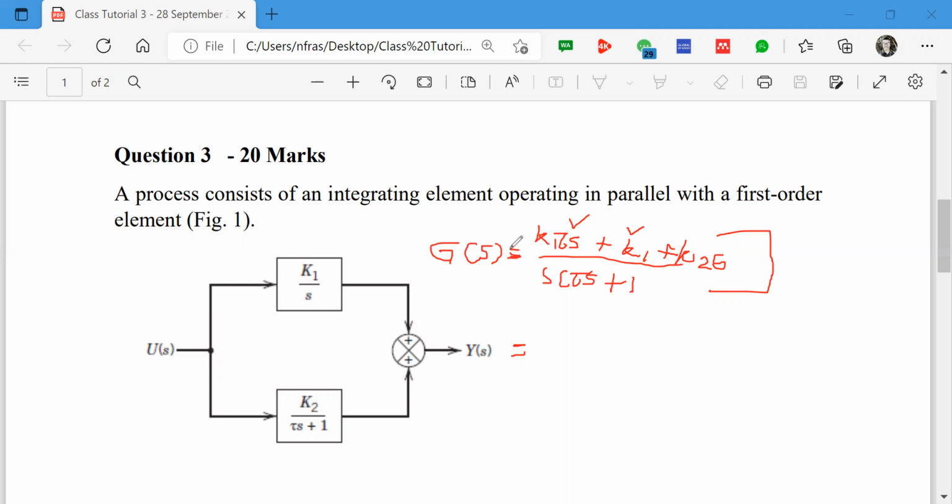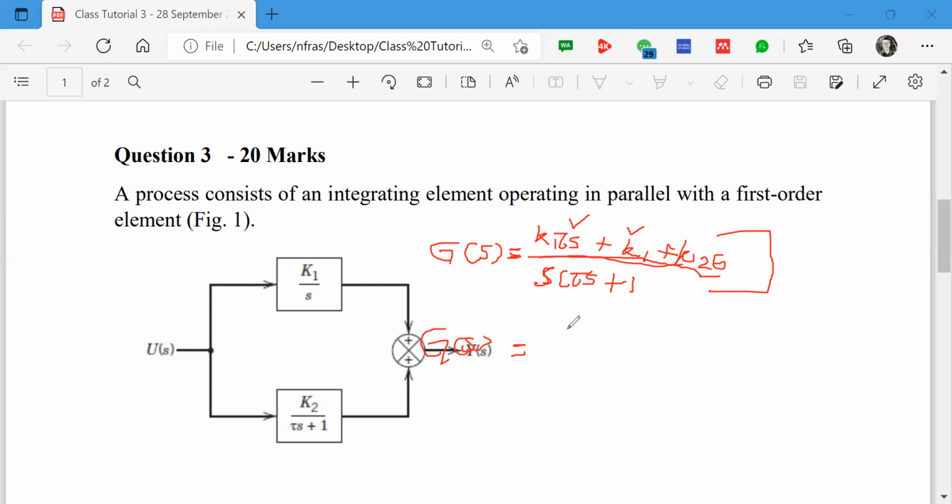Okay, I see. We do not factor out the K1, rather we factor out the s, right? We factor out the s because that's what we want outside, multiplying with our tau s. All right, so I'm sure you've picked that up by now.